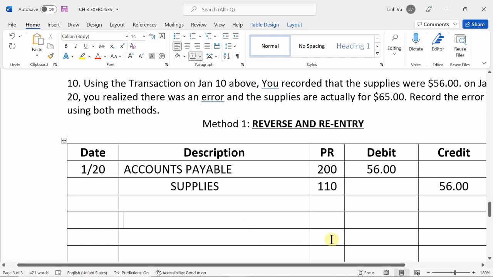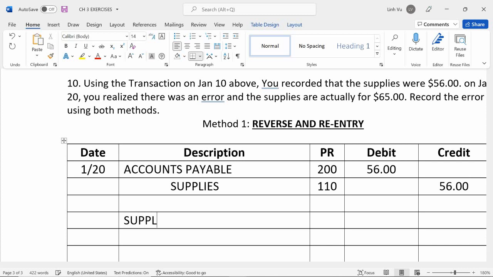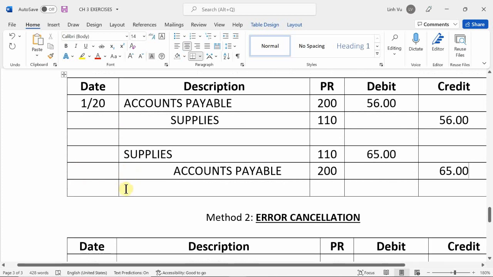Now that I returned it, how do I put it in again for the correct amount? I'm going to rebuy it, right? So in this case, supplies, okay? I'm going to place it back on an account, and you're going to put in the correct amount. And what's the correct amount? 65. Excellent.